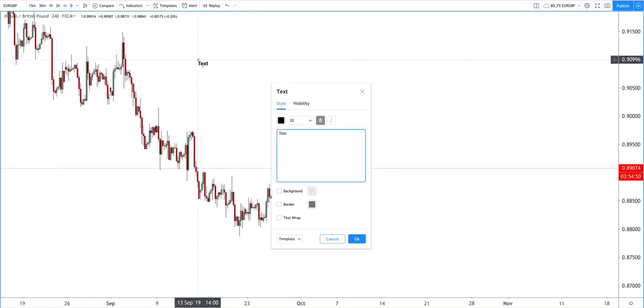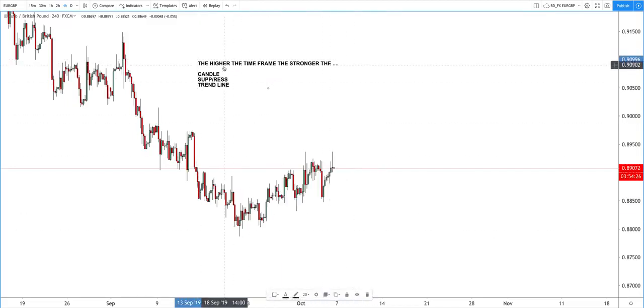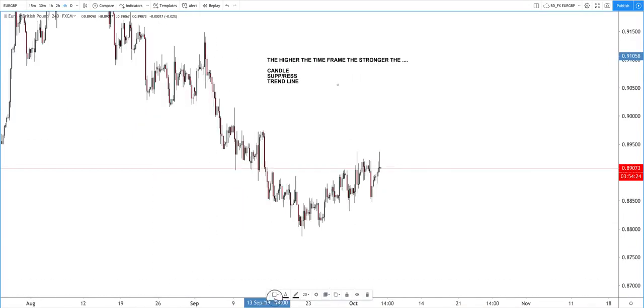Actually, the higher the time frame, the stronger the candle. Support, resistance, and trend lines. Very important, very simple. The higher the time frame, the higher these are.